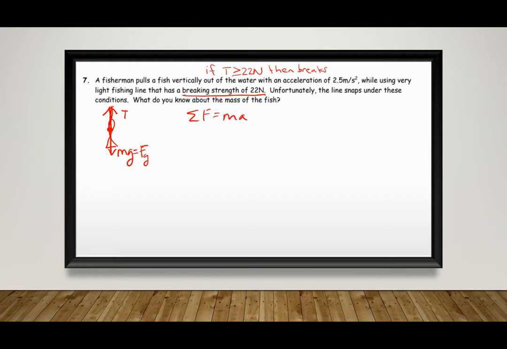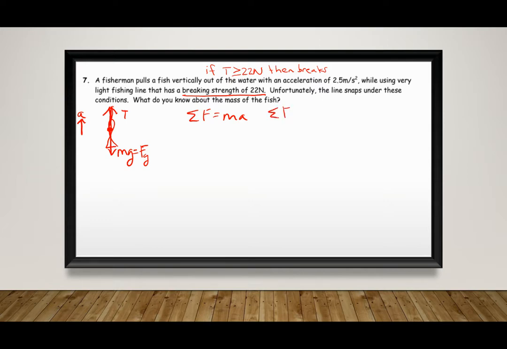Something I have not done yet is define my acceleration. I'm going to define my acceleration over to the left because I don't want readers to think that it is included in the free body diagram. I know my acceleration is going to be upward, so I'm going to make my upward positive. Sum of forces equals mass times acceleration.